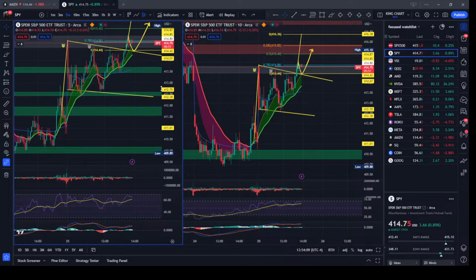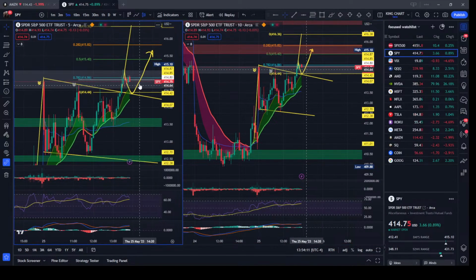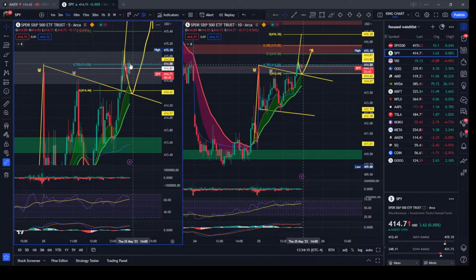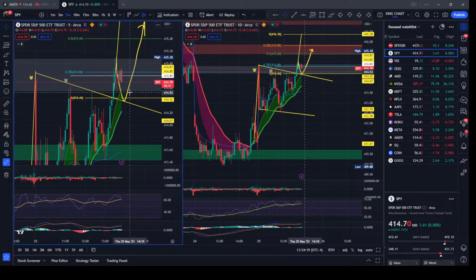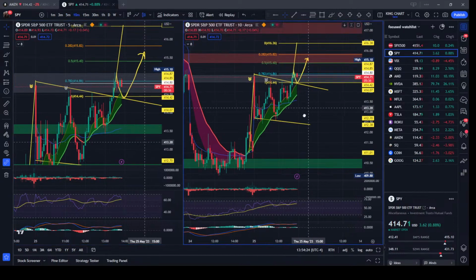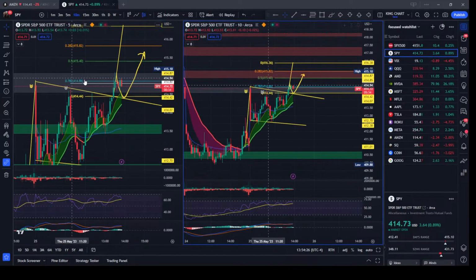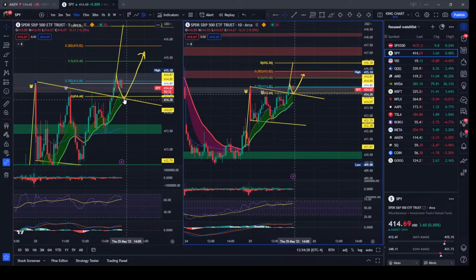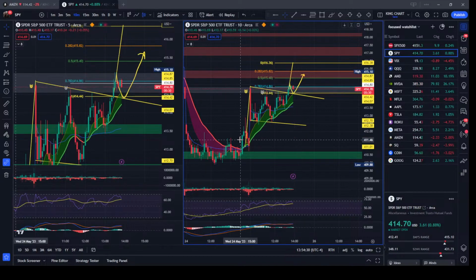Oh man. Yeah, SPY just didn't break that first target, 414.86, and it's been struggling. If you like SPY, this will be a really good play to keep an eye on. Wait for a retest of 414.44, and boom, to the moon.